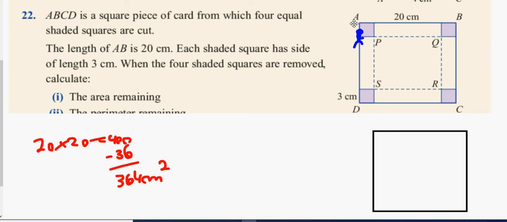Is that the answer? No. Is that wrong? The space between the shaded square is only 14. Yeah, you count 20. Damn! The very thing I did earlier, I ignored. Let's try this again.